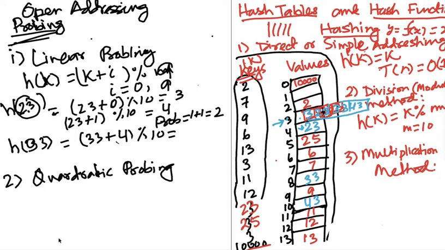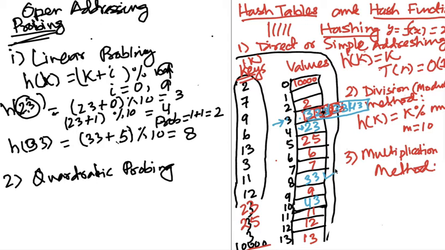So what value works? We see that it works for i equal to 5. Then 38 mod 10 means 8, so in position 8 we put 33.